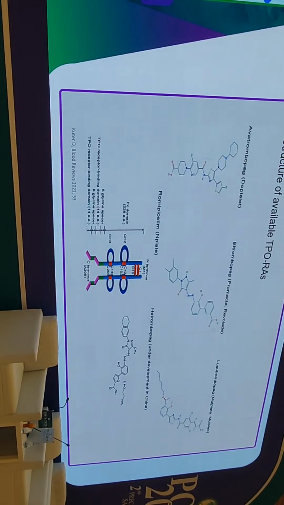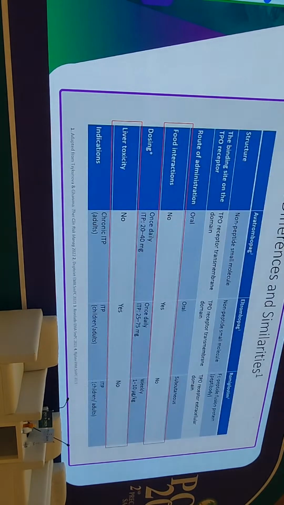And there are other drugs. This is a simple table, but when you want to compare avatrombopag versus eltrombopag versus romiplostim, both avatrombopag and eltrombopag are non-peptide, small molecules, they work on the transmembrane domain, whereas romiplostim is an Fc peptide fusion, it works on the extracellular domain.